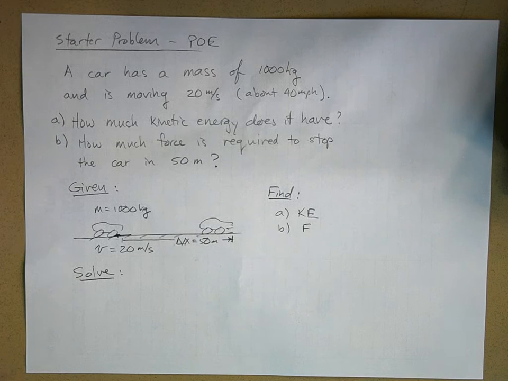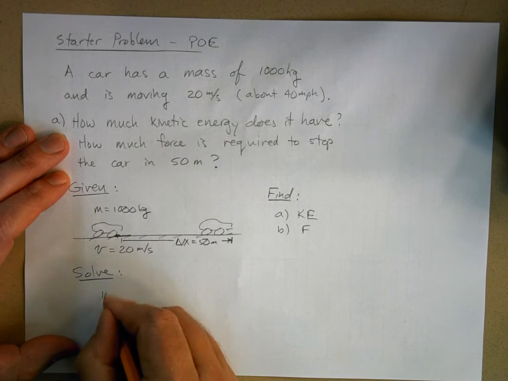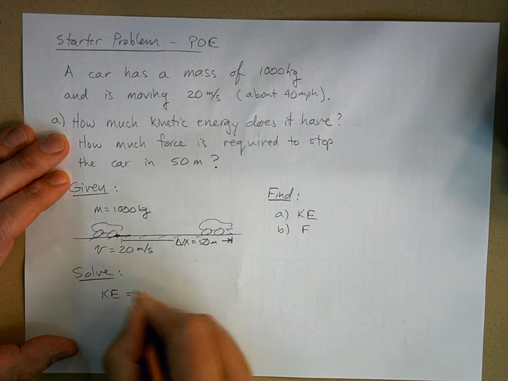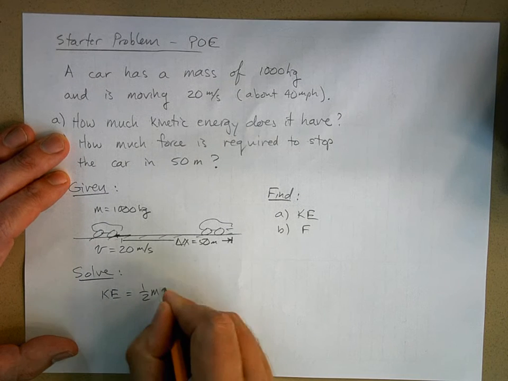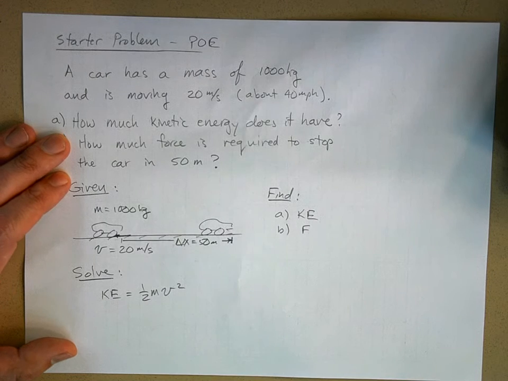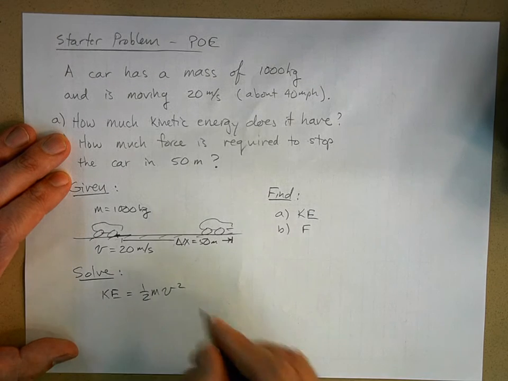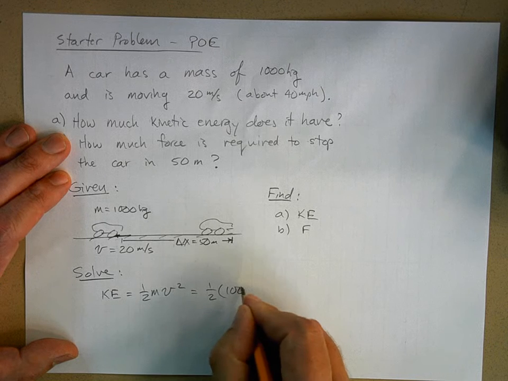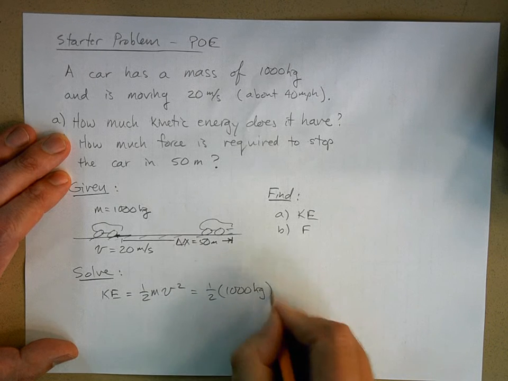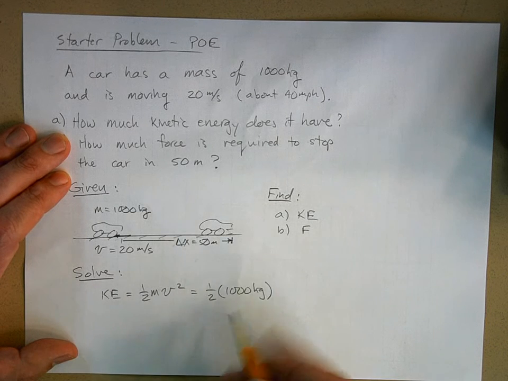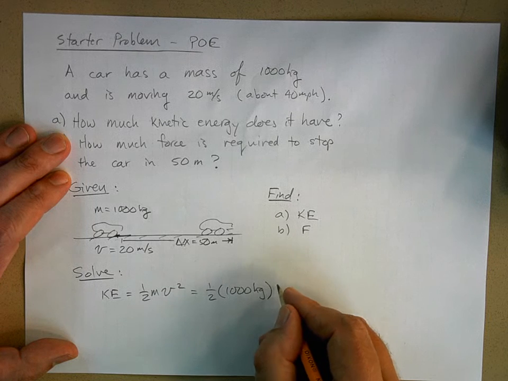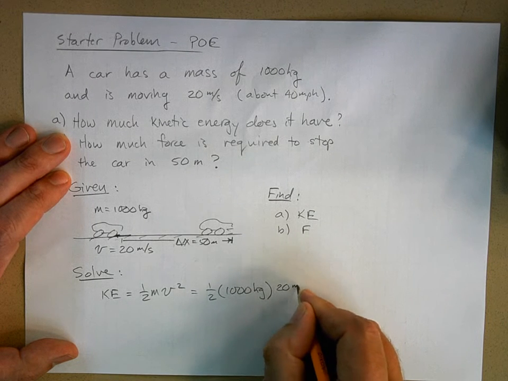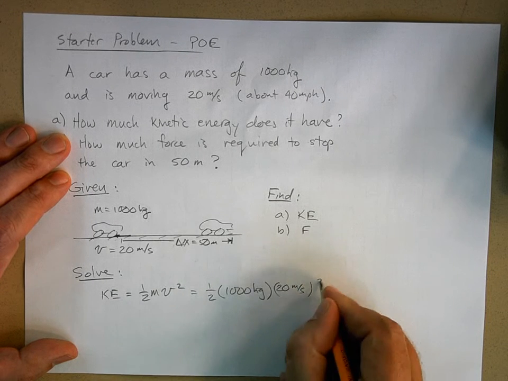So let's solve. The car has energy contained in it because it has mass and it's moving. And the equation that tells you how much energy that is, is 1/2 mv squared. Right, I gave you that formula. The mass is 1,000 kilograms, and the velocity is 20 meters per second, squared.